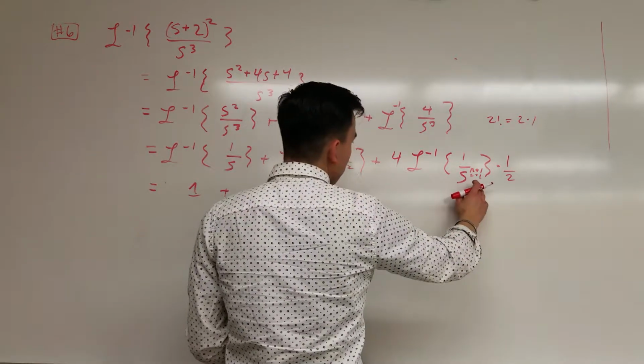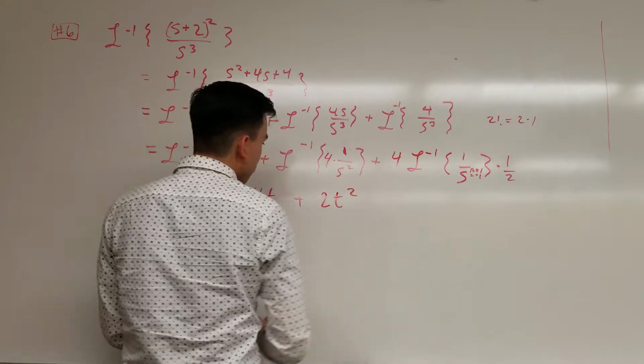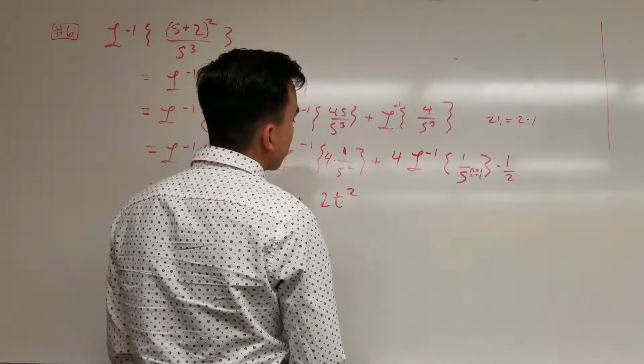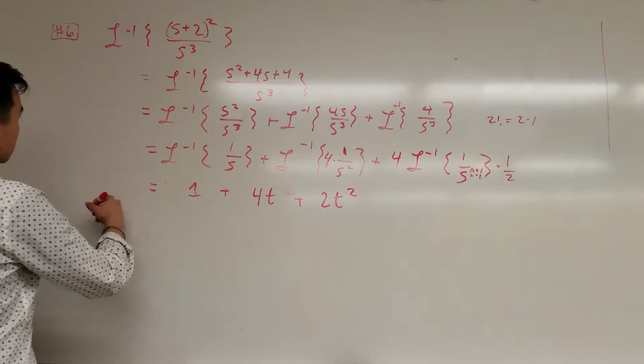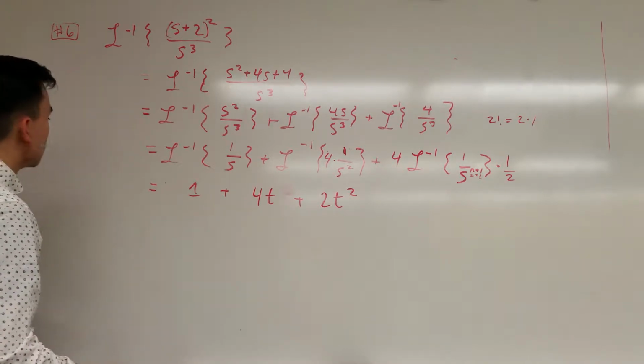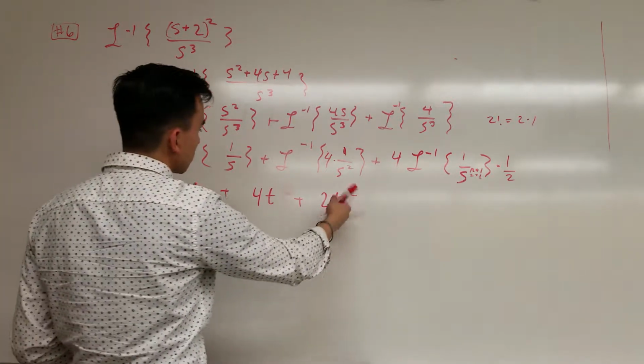And so this means we're going to have 2t squared. Okay, so we have the inverse Laplace of the function is 1 plus 4t plus 2 times t squared.